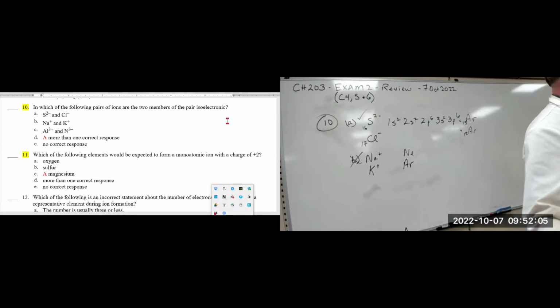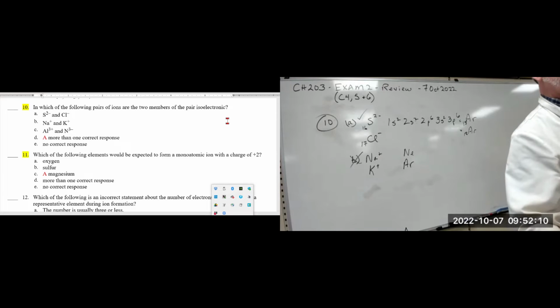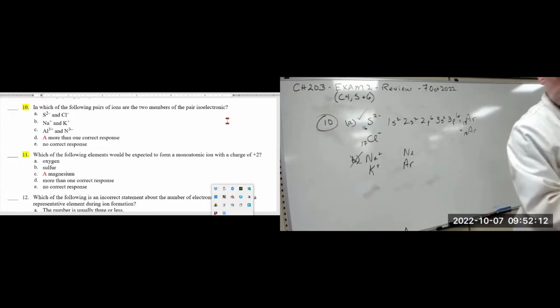I subtracted 1 electron, and that made me back up to the next period above it, over to the very far right. So I went from here, take away an electron, it looks like neon. Right? I went from 11 to 10. Potassium, I went from 19 to 18. Right? So those are not isoelectronic. So we throw that one out.